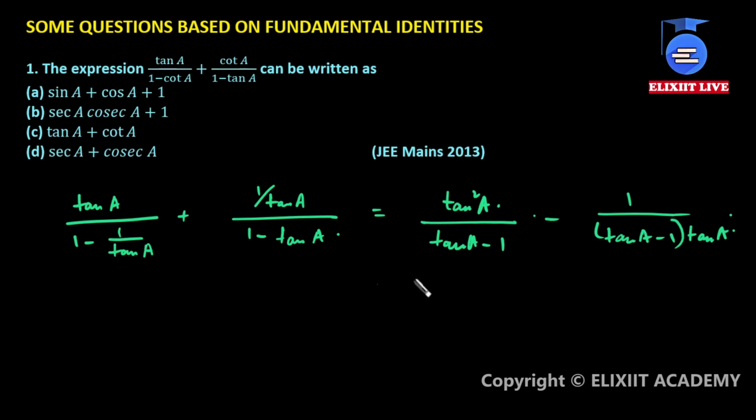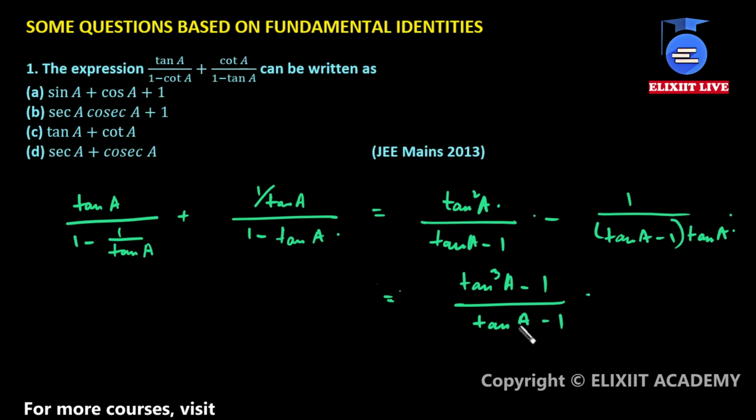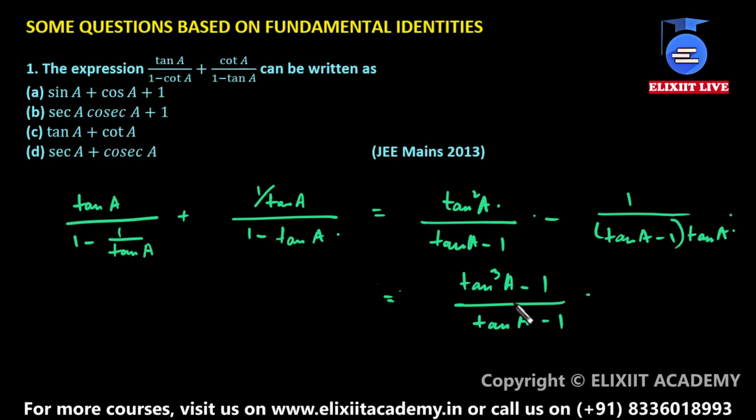You just simplify: here we have the LCM, this will be tan A minus 1, right? And in the numerator we have tan cube A minus 1 divided by tan A minus 1, this being the LCM. Now you can break this using the A cube minus B cube formula. Fine, the A cube minus B cube formula.